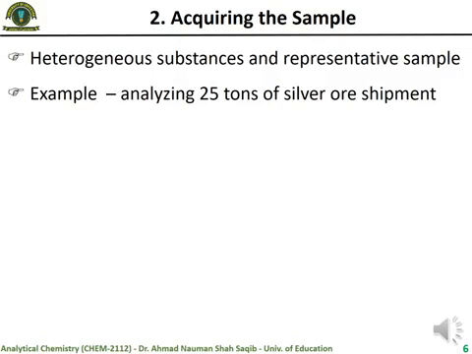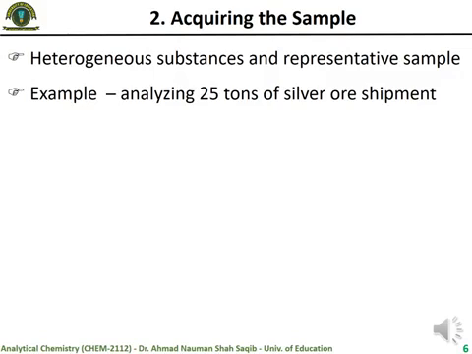Now the problem is that the ore we have, the rocks in which the silver is present, are of different sizes. Some are of small size, some are of big size. They also have some different colors. Some are lighter in color, some are darker in color, some have some other changes. Which means that the amount of silver is not the same or homogeneous in all of that bulk 25 tons of ore, and unless we determine the amount of silver in the ore, we cannot determine how much it should cost.